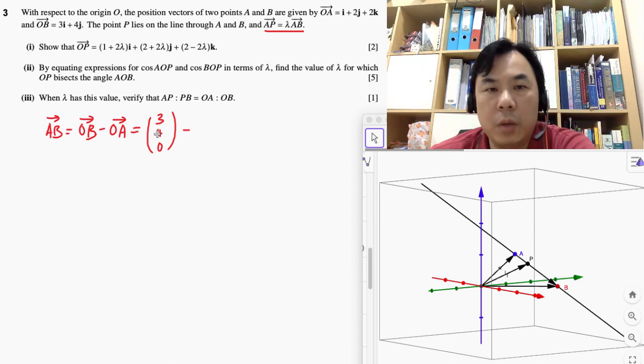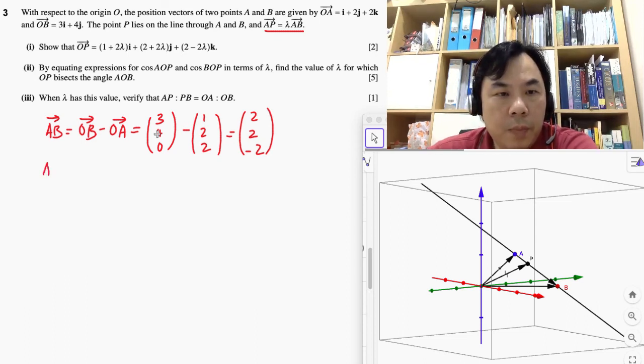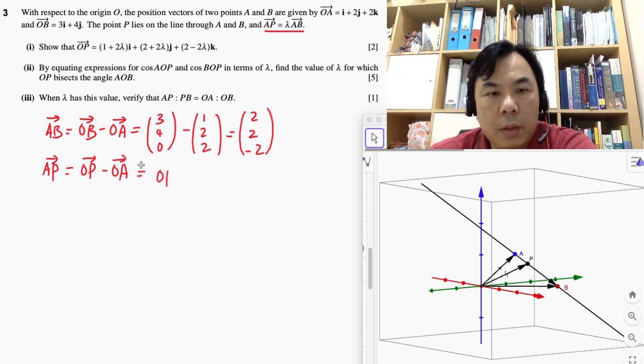So you can see that OA is 1, 2, 2 here. Okay, so from here we have the same one that we have worked out previously. All right, and then AP, where the vector AP is given by OP minus OA. All right, so that is the same as OP minus OA, which is given by this 1, 2, 2 here.